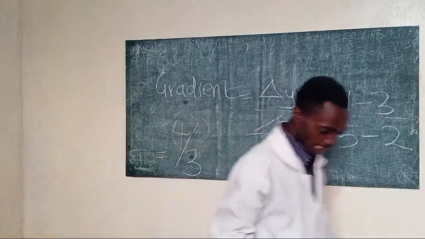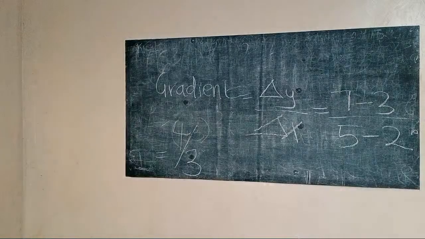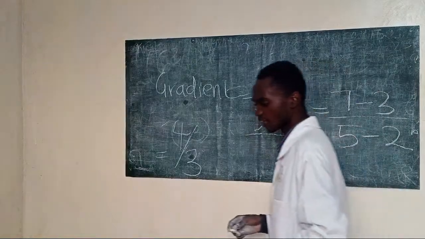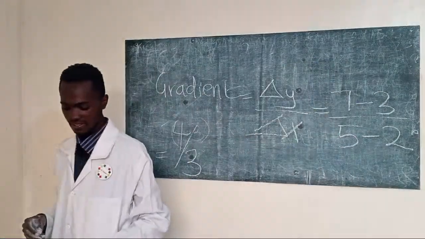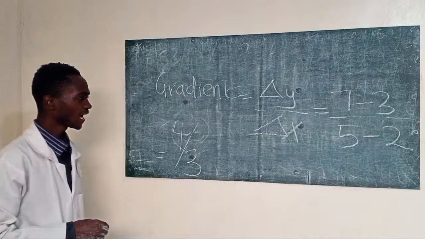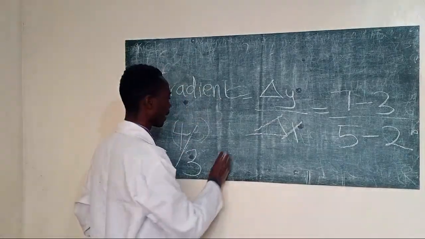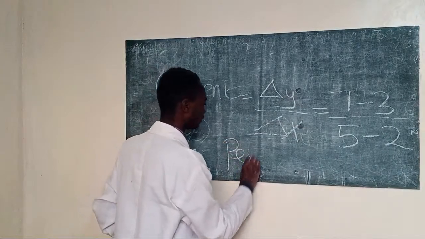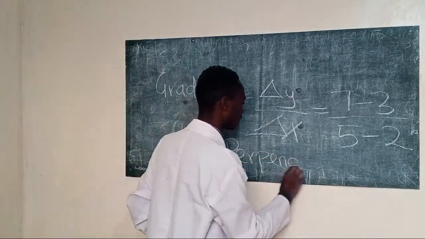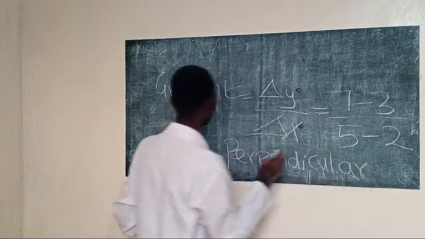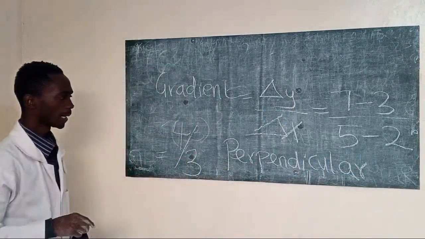Question B. Calculate the gradient of another line perpendicular to the line above.